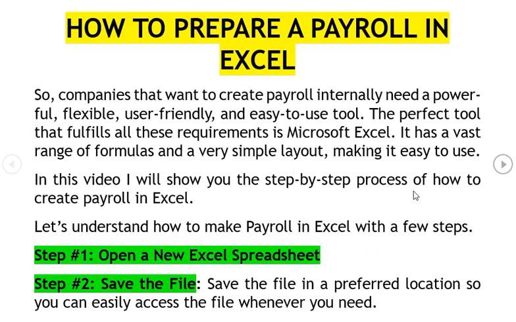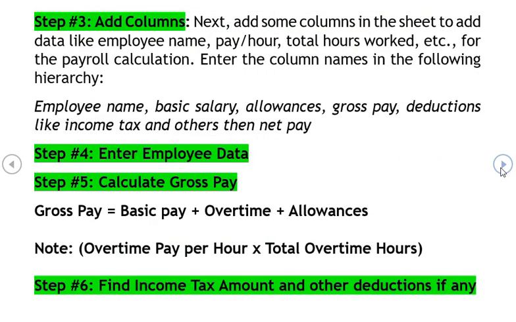Then after saving your file, we need to see what to do next. Of course, now you'll add the columns. We call this setting up the payroll parameters, i.e. creating columns with the payroll particulars.